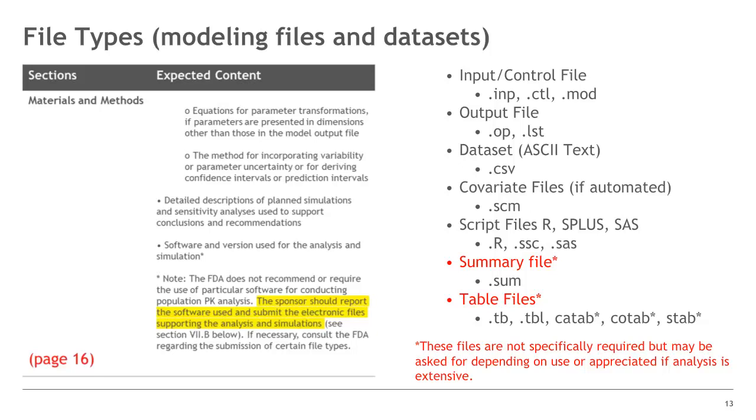If, however, you're using a program that automates that feature, like an SCM method that you can do in PSN, you would want to submit files that are related to that process. So there are build and reduction logs that are included in PSN. So we typically submit those files as well as PSN's output report when we use SCM as a way of selecting or screening for covariates.